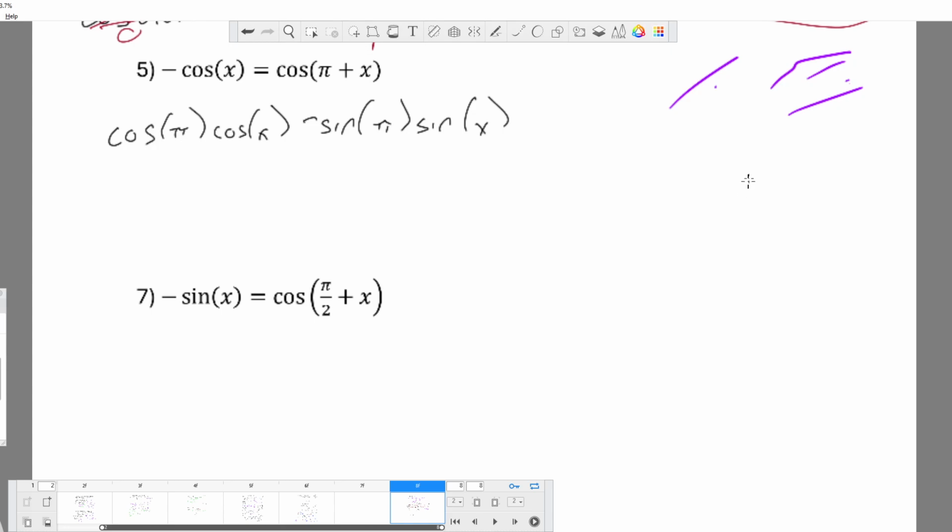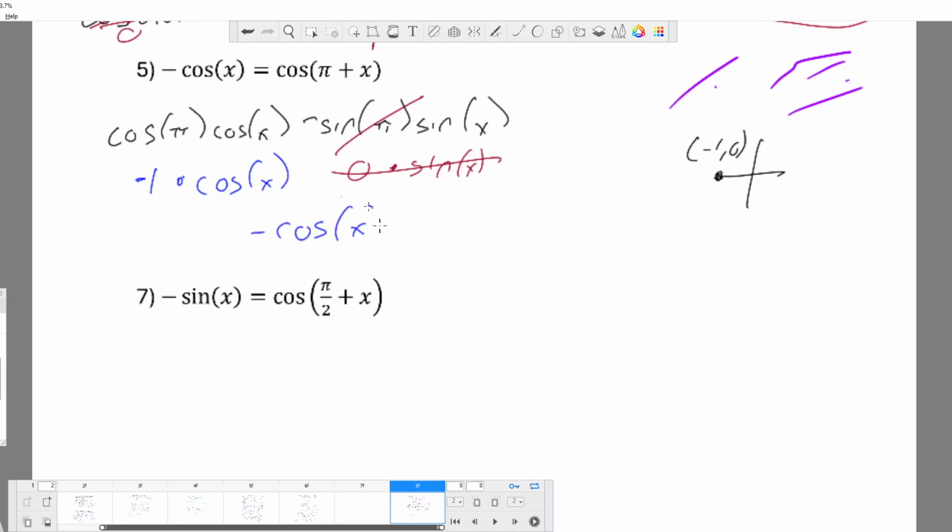And we just evaluate that. If we recall, sine is over here, which is -1, 0. So sine values of pi will go to 0, which then knocks out this term. Cosine turns into -1. And we get negative cosine of x.